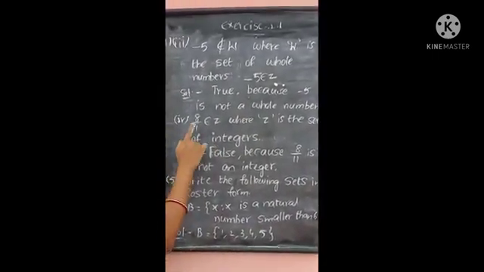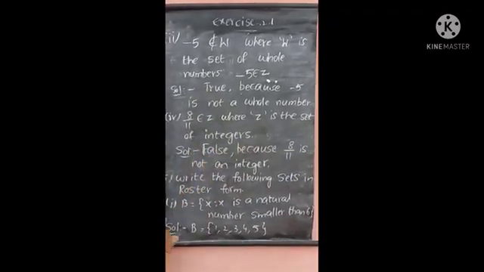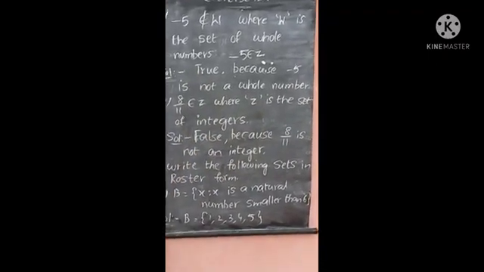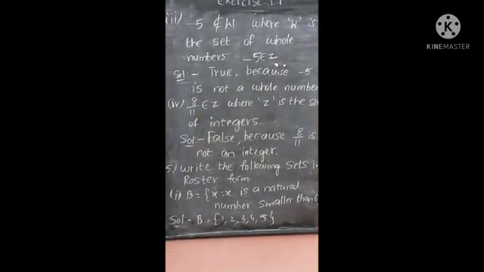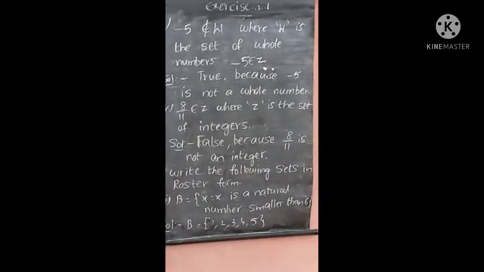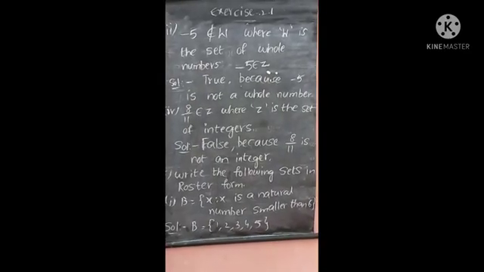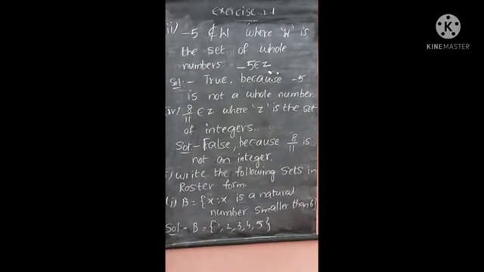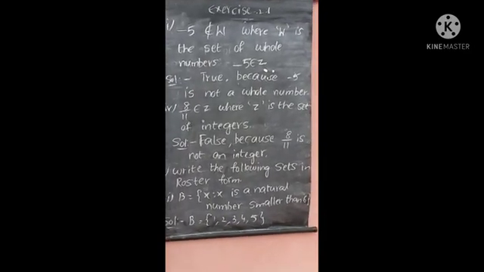See the fourth question, 8 by 11 belongs to Z, where Z is the set of integers. Here we already discussed, Z means only integers. What are the integers? Including 0, positive numbers and negative numbers: minus 2, minus 1, 0, 1, 2, 3 and so on, and also minus 10, minus 100, minus 1000.